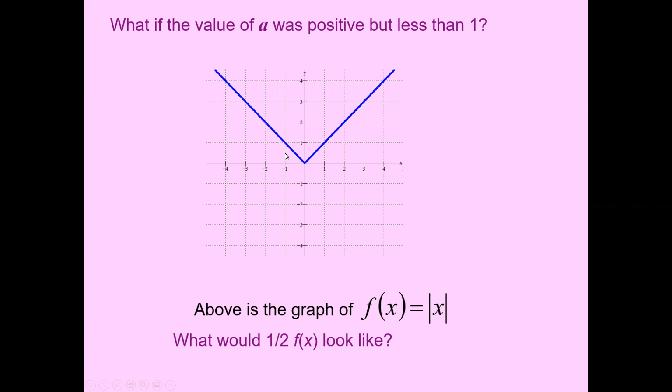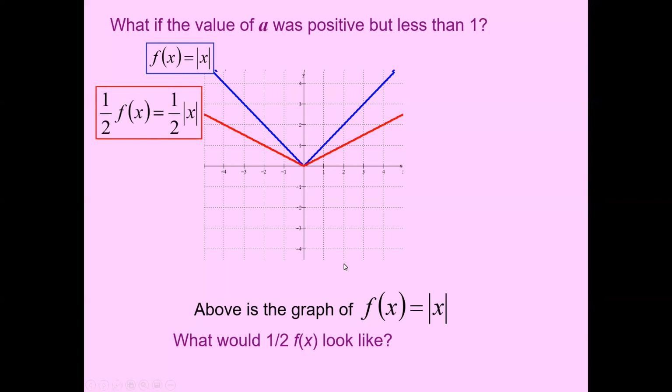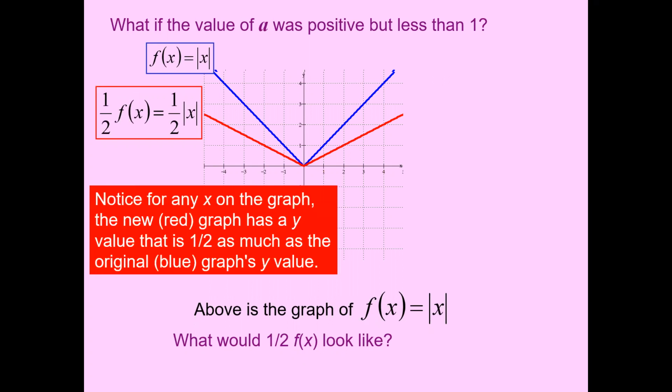So it's going to become a 1/2. The same thing on the other side. Whatever input you decide, if I input the 2 and I multiply that 2 by 1/2, then half of 2 will become a 1. So it's going to be doing this shift. Notice for any x on the graph, the new red graph has a y value that is 1/2 as much as the original blue graph's y value.